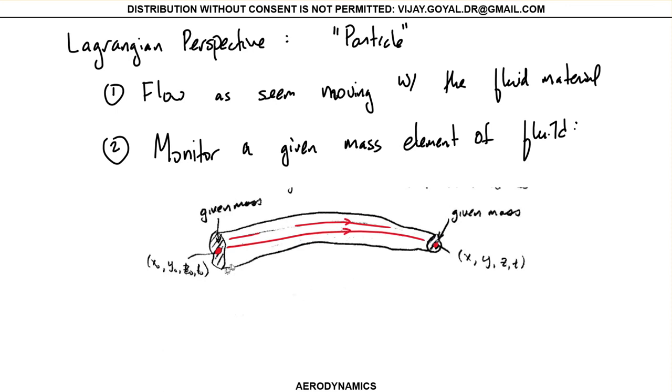What you could say here is that my x is actually a function of my initial coordinates where everything began, and the same thing for y, because I am moving along with the particle.